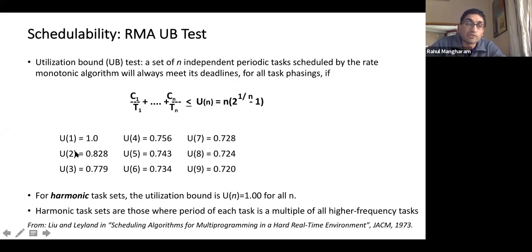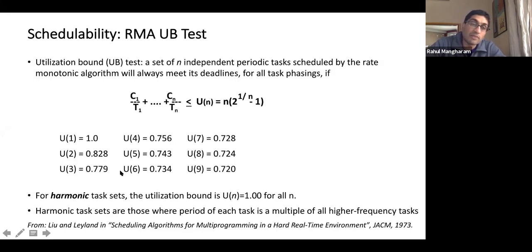Okay, that makes sense. For 2 tasks, the least upper bound of the utilization is 82.8% of the processor. So if you basically have a utilization of your task set that is less than or equal to 0.828, then the task is definitely schedulable. If it is greater than 0.828, then it's inconclusive. We don't know if it's schedulable or not.